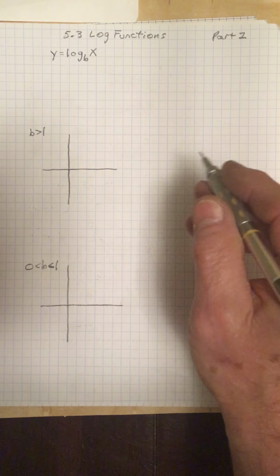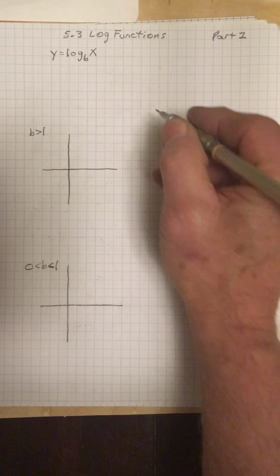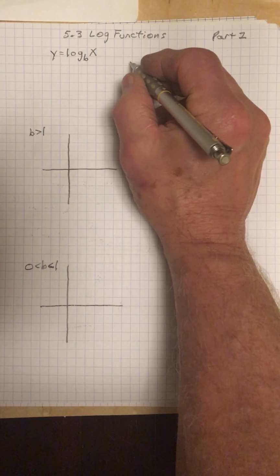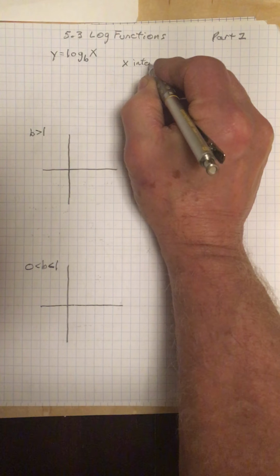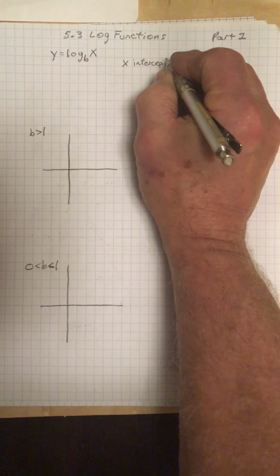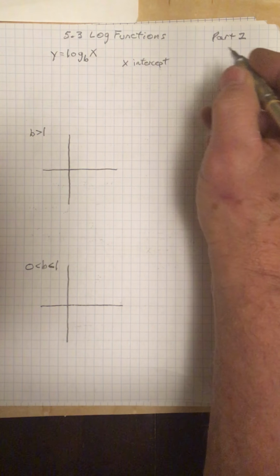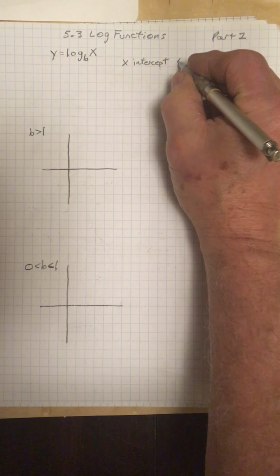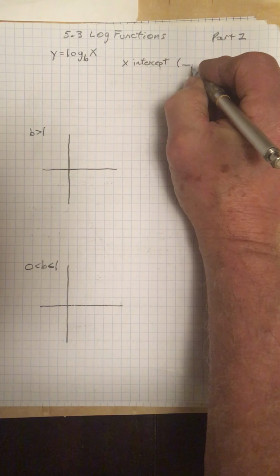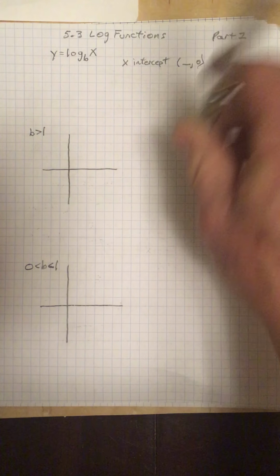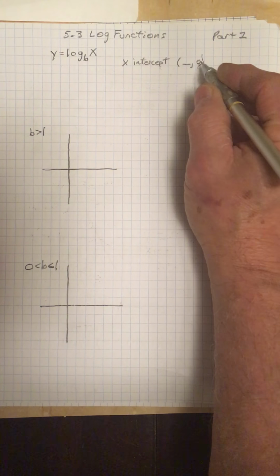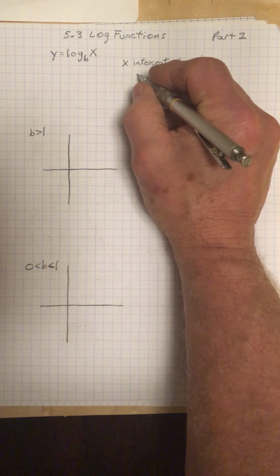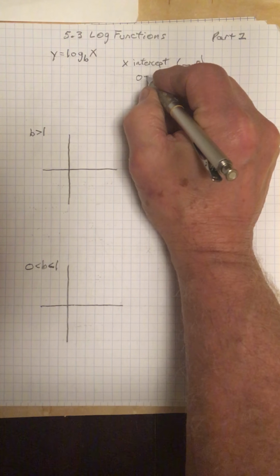Let's start by looking at the x-intercept. If you remember, that's the point where there's some value of x when y is 0. So where do we cross the x-axis? Well, put 0 in for y. The function equals 0.